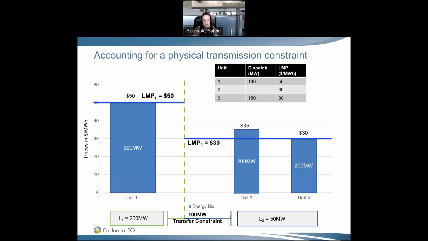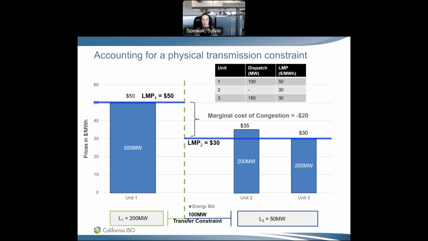So what does the difference between LMP1 and LMP2 mean? That's going to tell us what the marginal cost of congestion is. Technically, the marginal cost of congestion represents a real cost that Unit 3 would incur if it tried to put more capacity onto the grid than the constraint can handle.